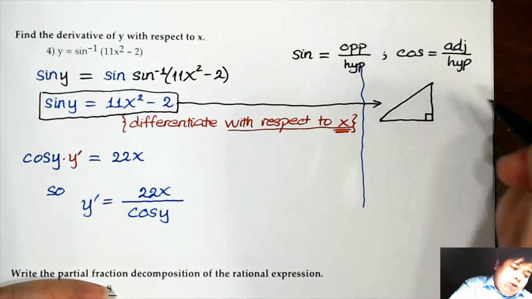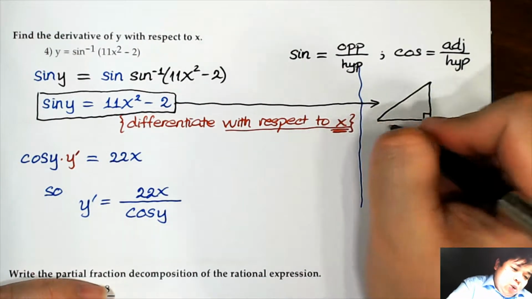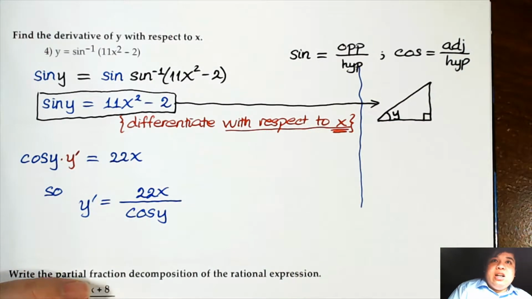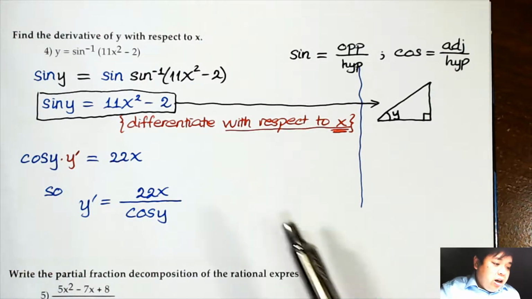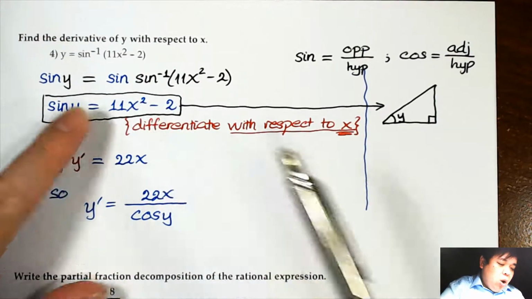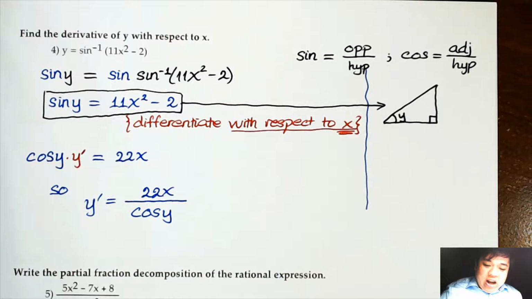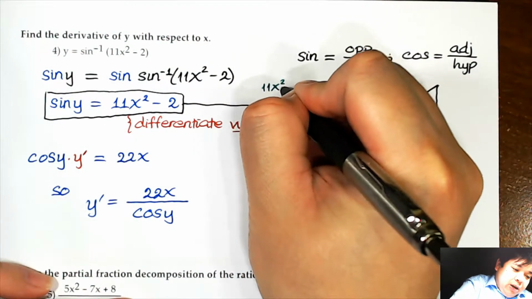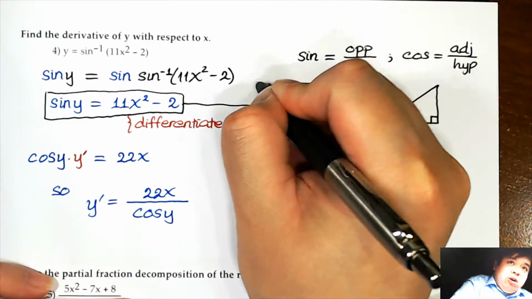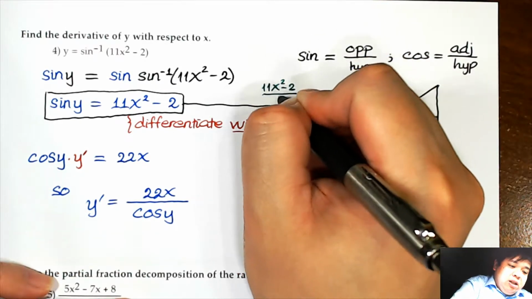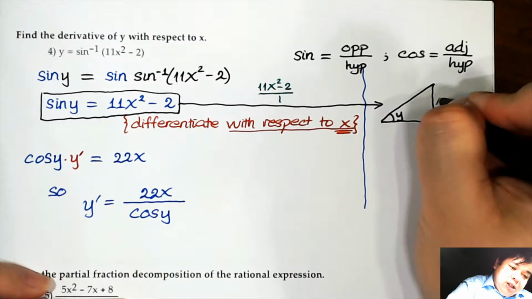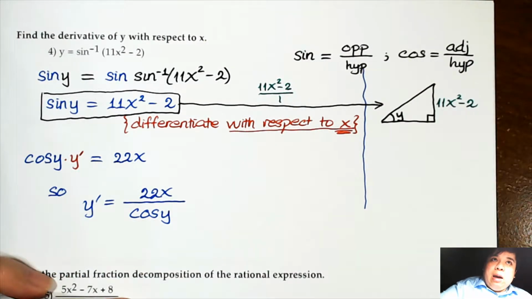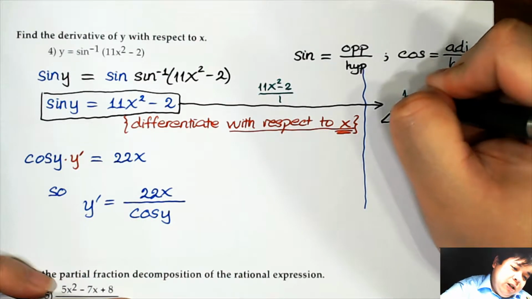So we have a right triangle here. Sine of y, so y is going to be the angle here. So that is the angle y. Sine is equal to opposite over hypotenuse. If we rewrite 11x squared minus 2 over 1, so opposite over hypotenuse, opposite is 11x squared minus 2. Hypotenuse is 1.